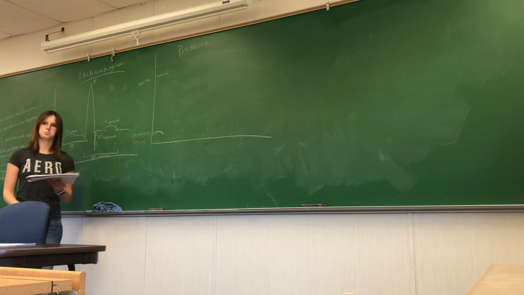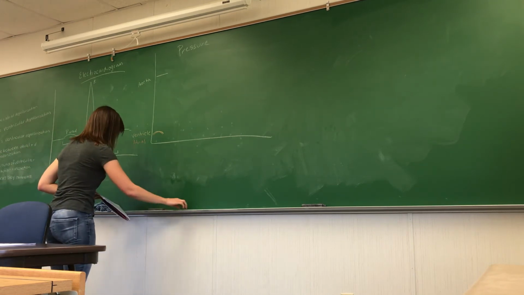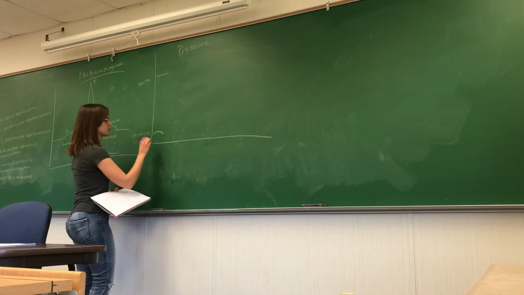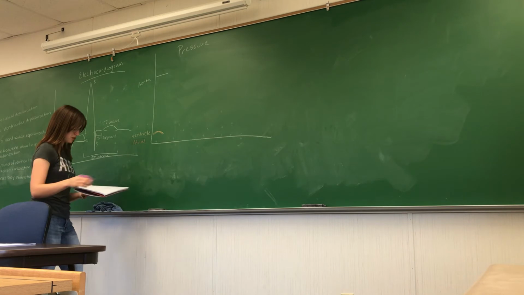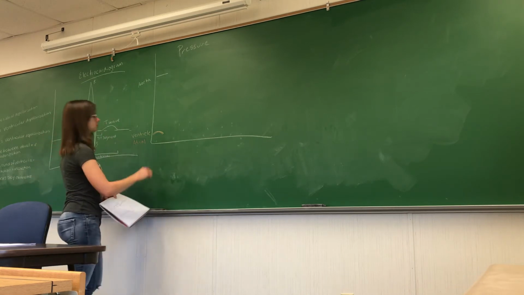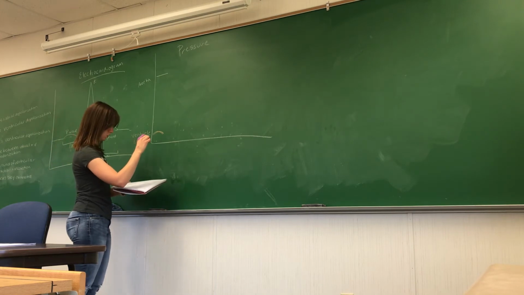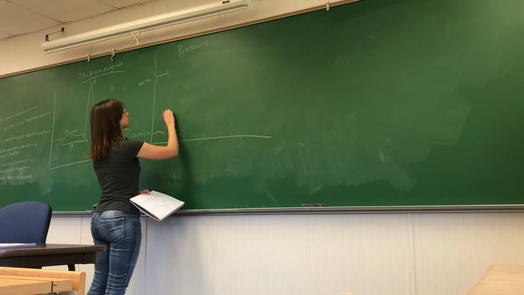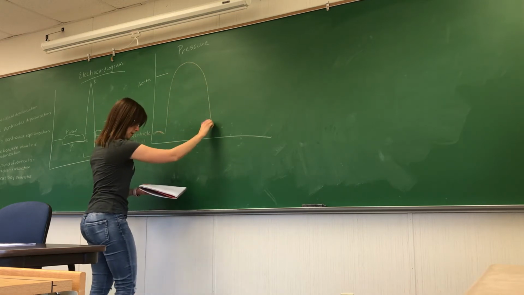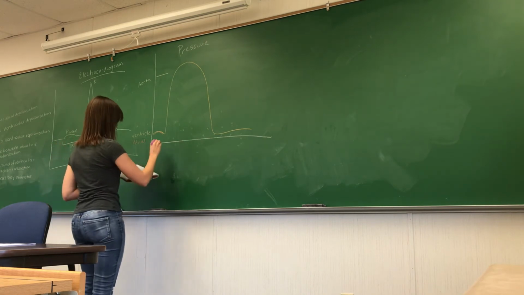All right, so we've got this little kind of hump right here, right? What's happening in, you know what, I'm gonna draw the whole diagram out and then we'll look at it. Okay, that'll make it easier.